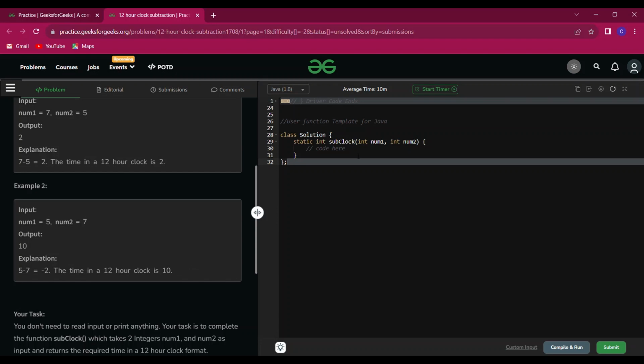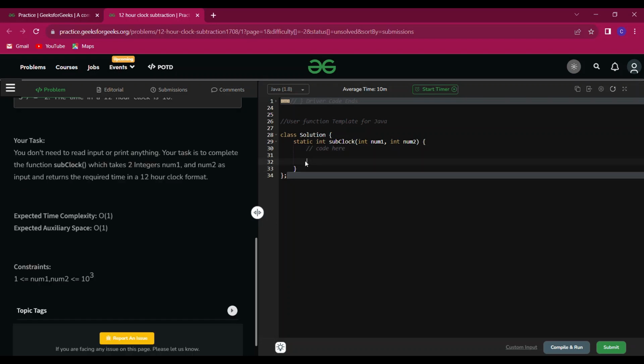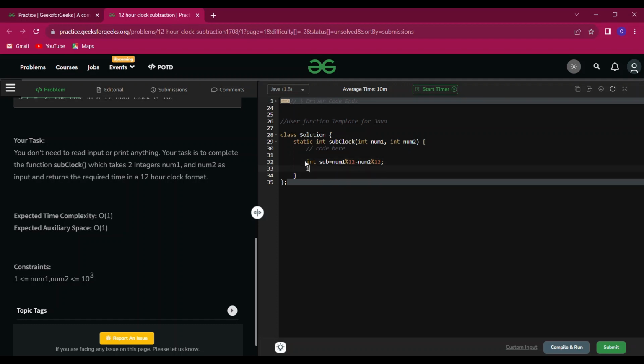So now we find the subtraction of num1 and num2 by dividing by the modulo operator to get the remainder. So sub equals num1 modulo 12 minus num2 modulo 12. Now we will check if sub is less than 0.